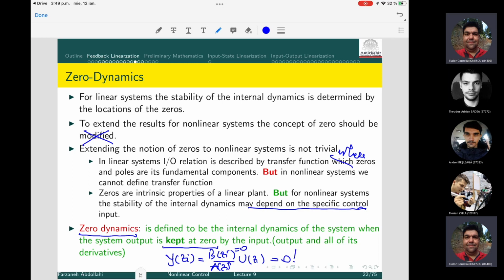You keep the output at zero through an input. The output and all its derivatives are kept at zero. So it's an internal dynamics when the output is rendered null by the input.